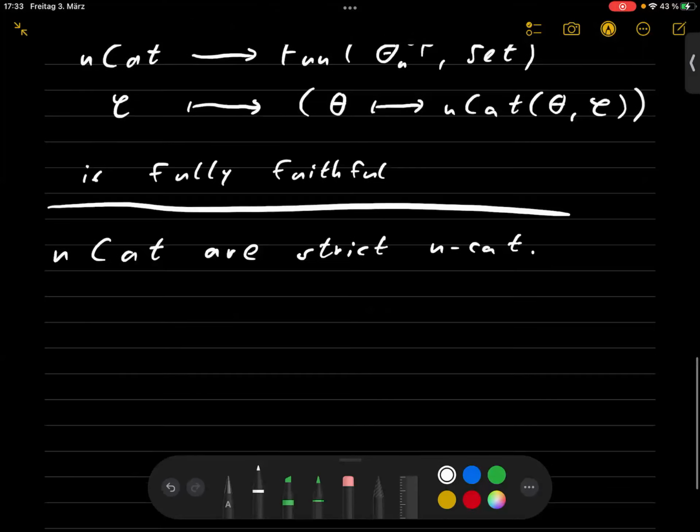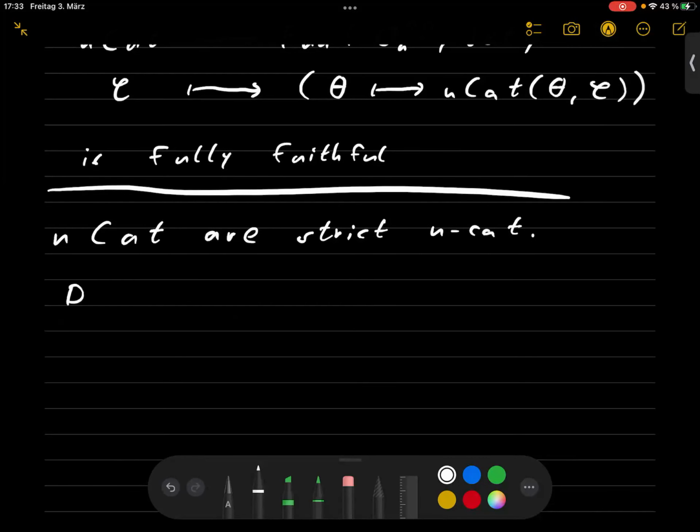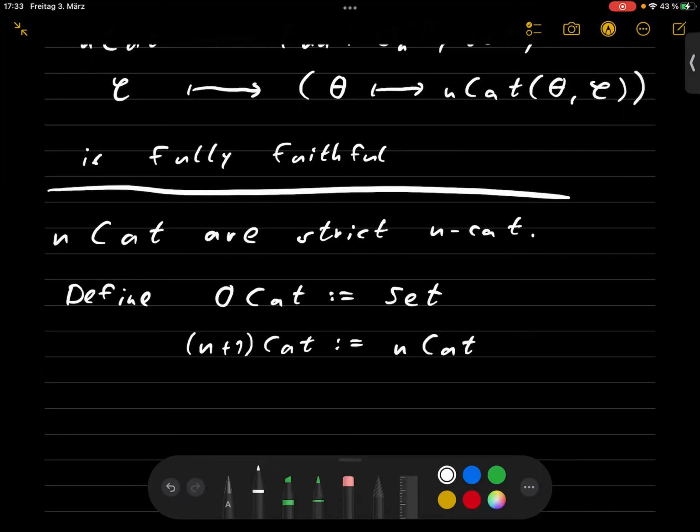So in the sense, define 0Cat as just sets, and n+1 categories are defined as categories enriched over n categories. So enriched over n categories, it's strict. It then comes down to strict n categories.